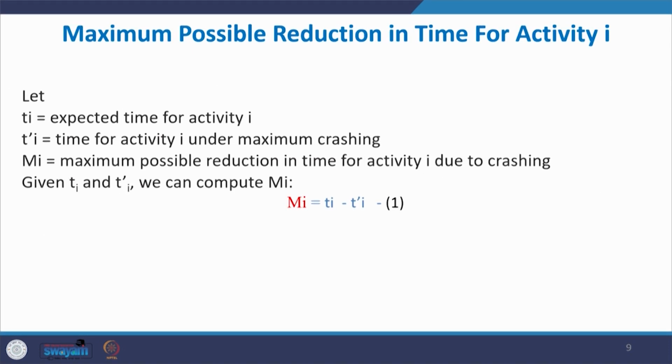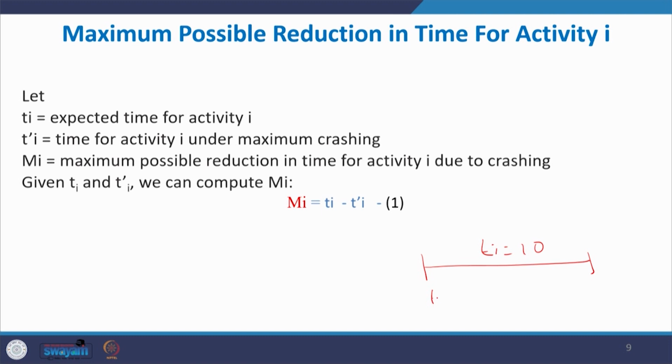Now, I am going to explain the maximum possible reduction in time for activity i. Let Ti be the expected time for an activity. For example, I have an activity like this, say it is taking 10 days. So, Ti is nothing but this 10, the expected time for activity i. Ti dash is the time for activity i under maximum crashing.